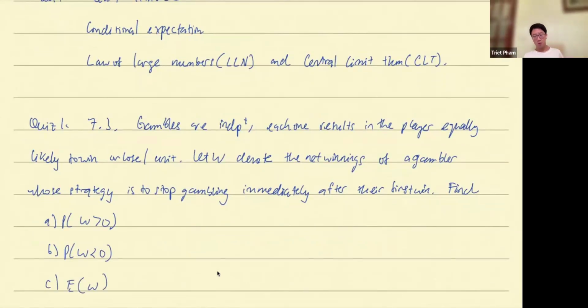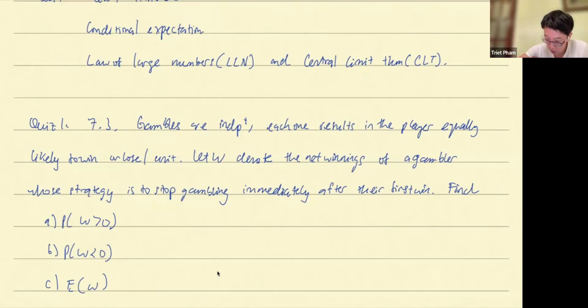All right. So this question is not super special. The only thing is to understand what they're asking, which entails understanding what W is about.